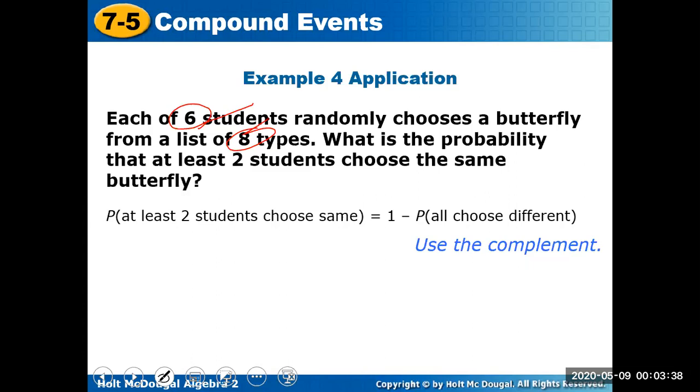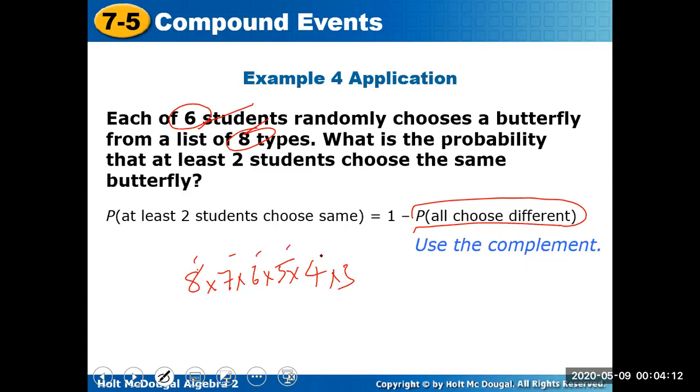Because order is important here. When all choose different, when the first student is choosing, he has 8 options. When the second student starts to choose, he only has 7 options. Then the next one will have 6, then 5, then 4, then 3. So these are the 6 students: 1, 2, 3, 4, 5, 6.